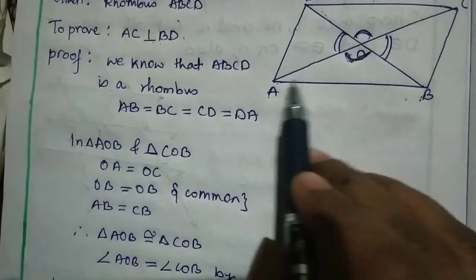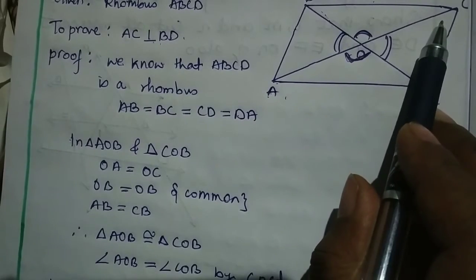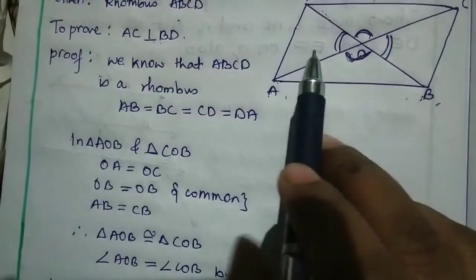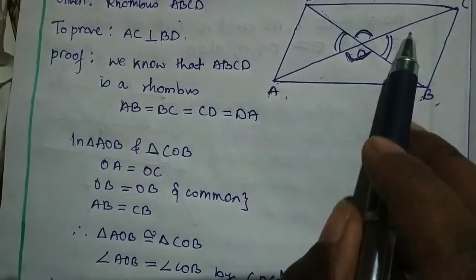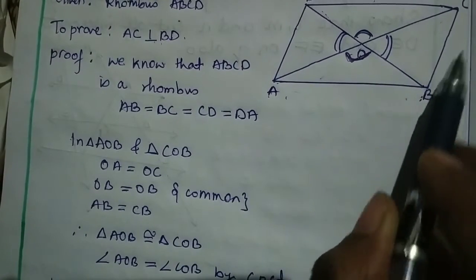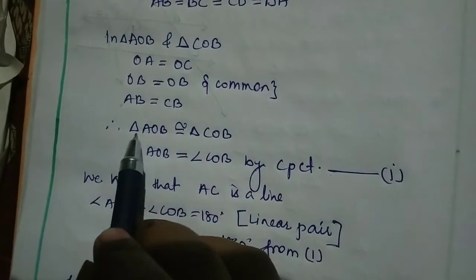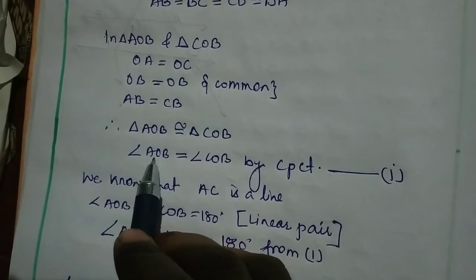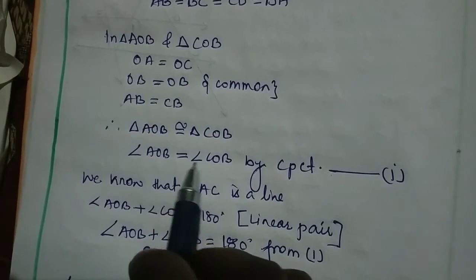We have taken triangles AOB and BOC. OB is common, and AO equals OC, as this is the diagonal of a rhombus. And AB equals BC. So triangle AOB is congruent to triangle COB. By CPCT, angle AOB equals angle COB.